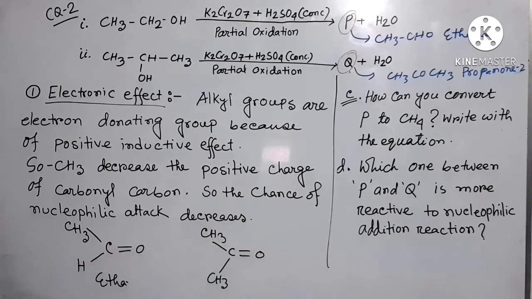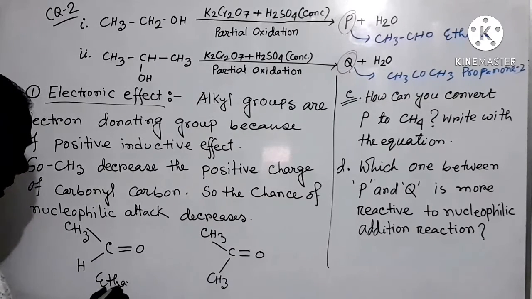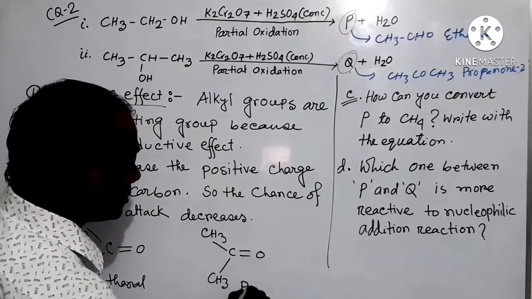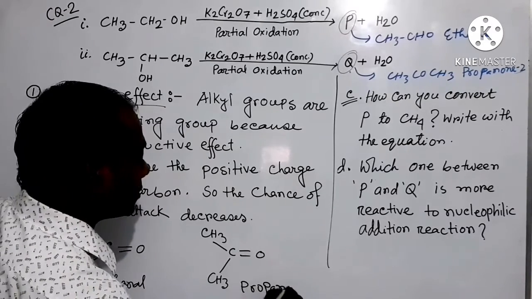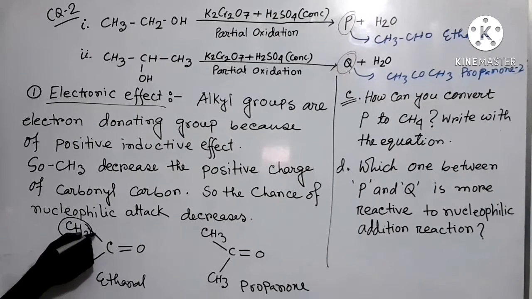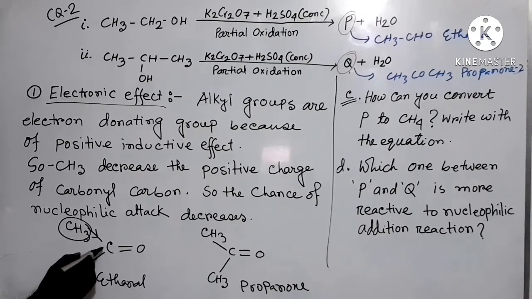If we see ethanal and propanone, in ethanal one methyl group is present, and it pushes electrons towards this carbonyl carbon, and that's why the positive charge of the carbonyl carbon decreases.